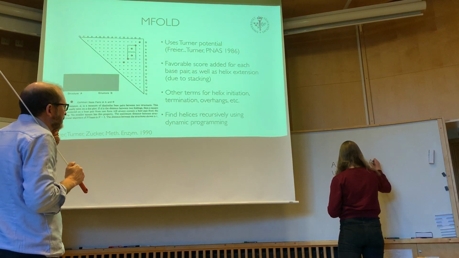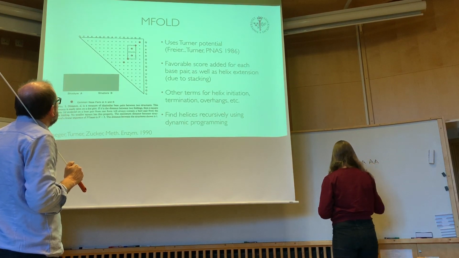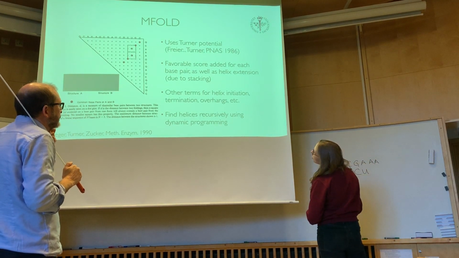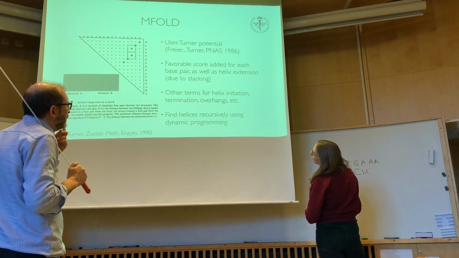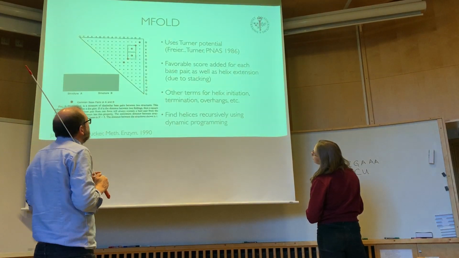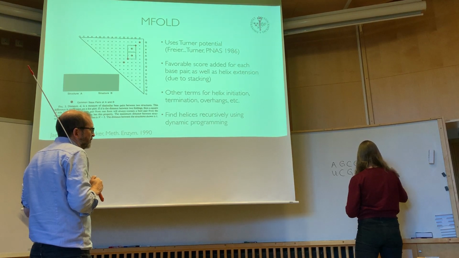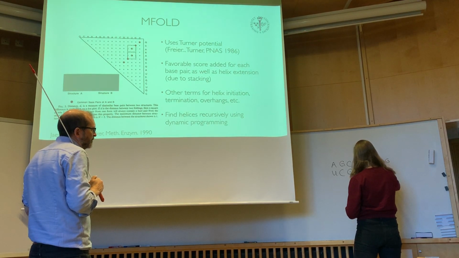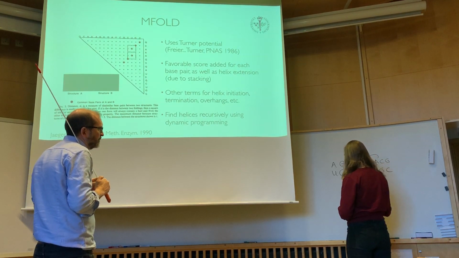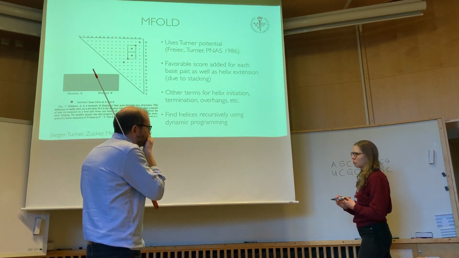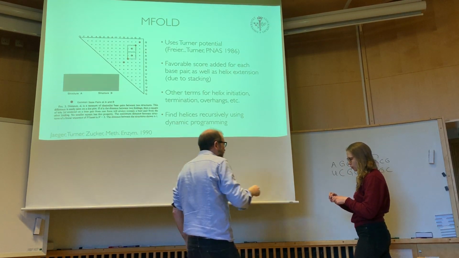And then there would be two A's which are not bound. So this could be like the loop or whatever, but the rest could bind together. That's what we would do.